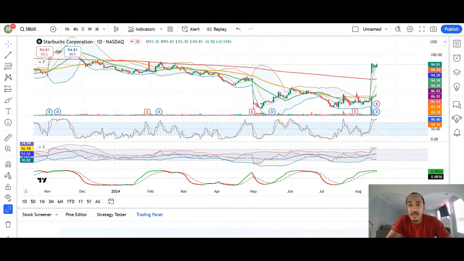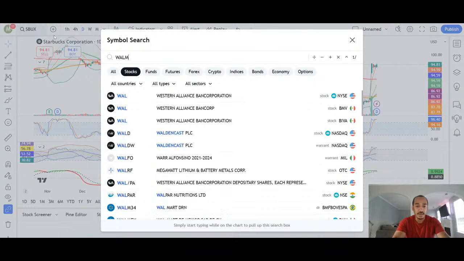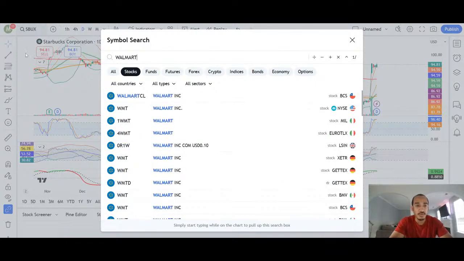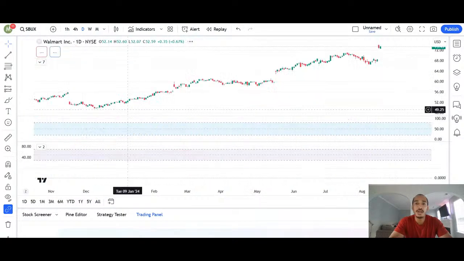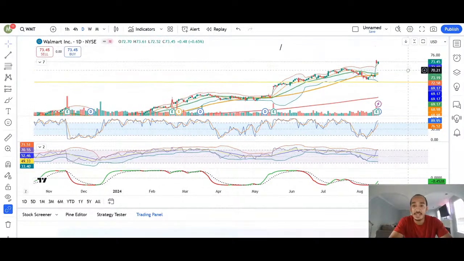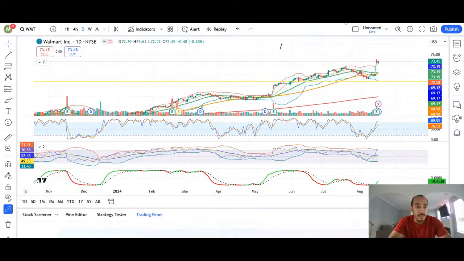And if the stock gaps up in pre-market, meaning the stock goes up before the stock market even starts, then that's even better. That means I like the stock even more. You know what I'm saying? So my next one is Walmart. Walmart gapped up heavy on the earnings report. So if you wanted to swing trade Walmart before the earnings report, you would have hit.